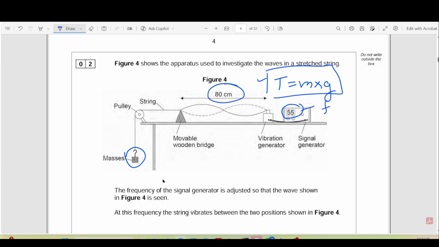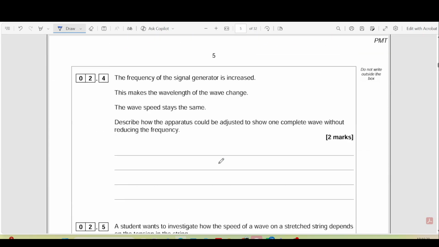With frequency and wavelength, we can calculate the speed using speed equals frequency times wavelength. Then he will repeat it by adding more weights to change the tension, to see how speed changes with different masses and tension, right?